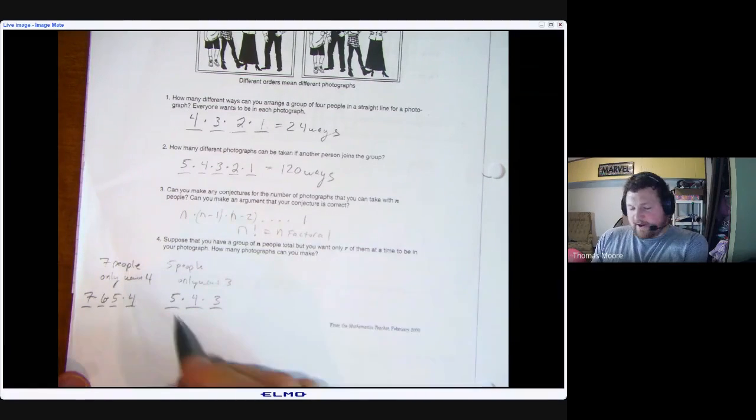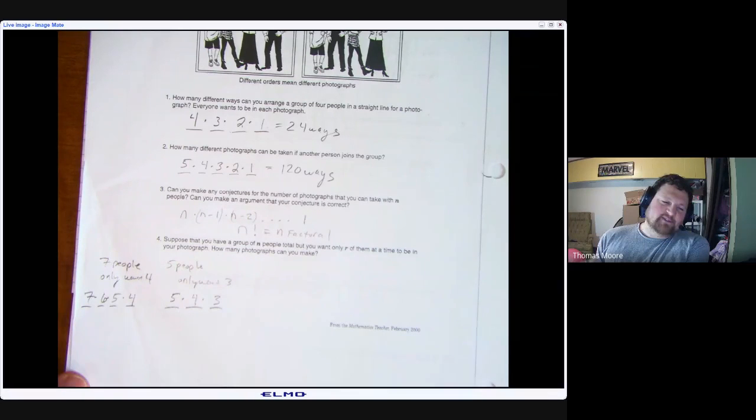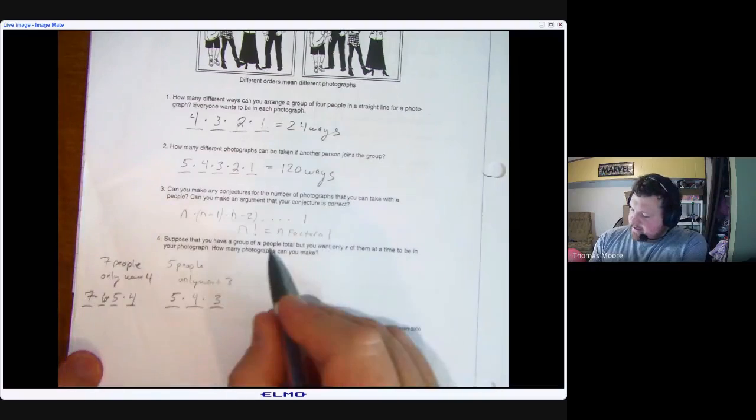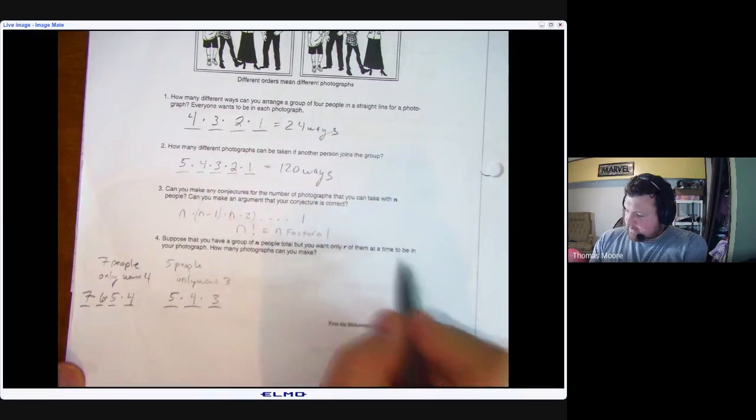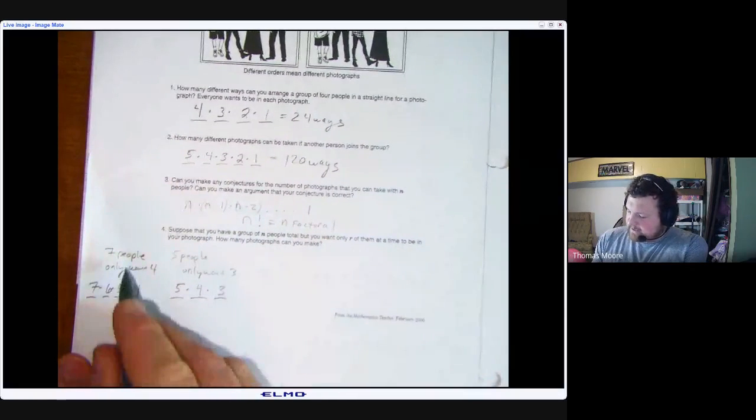Now, when I'm saying I'm cutting them off, what are ways in which we can get things to go away? Well, if something is divided by itself, it goes away. So let's think about this.